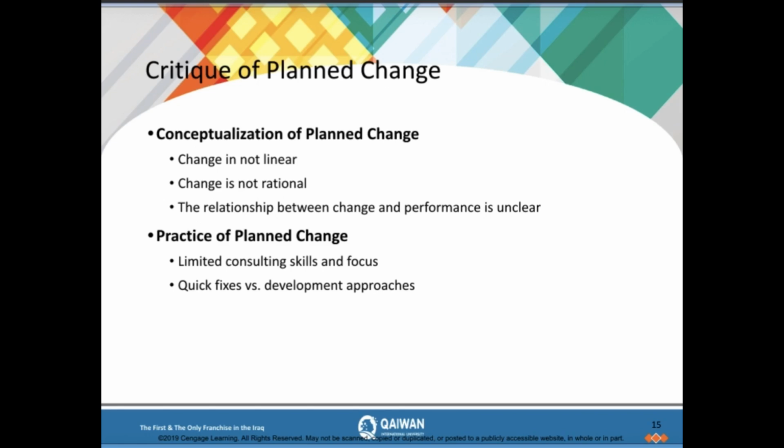Regarding the conceptualizations of planned change, many models assume that change happens in a linear or predictable way. But in reality, change is not linear. It can move forward and backward, and unexpected events can occur.